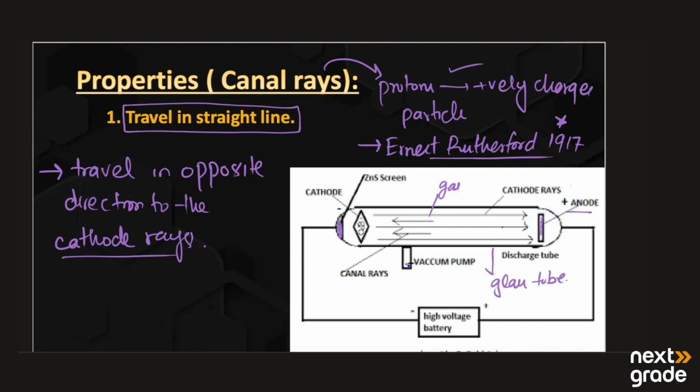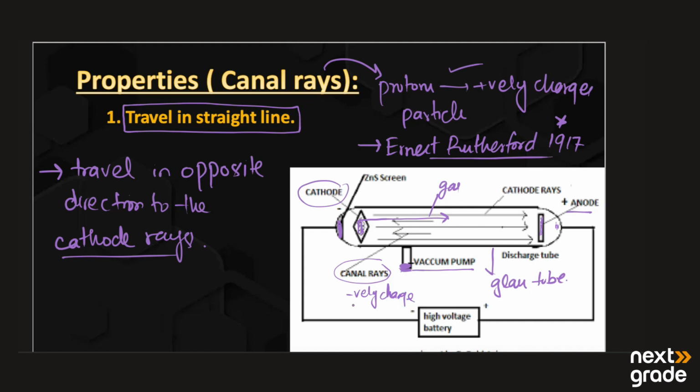As the pressure is reduced by attaching it to a vacuum, the scientists noticed that some rays are produced, traveling from the cathode towards the anode, and they produce a glow on the opposite side. Scientists named them cathode rays, and cathode rays are negatively charged.